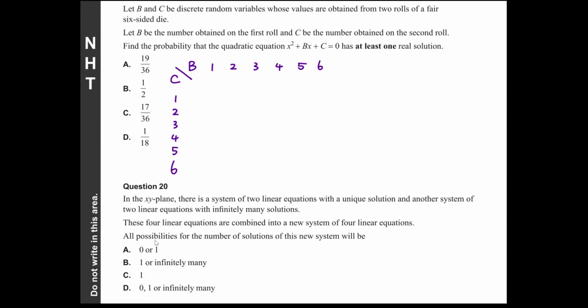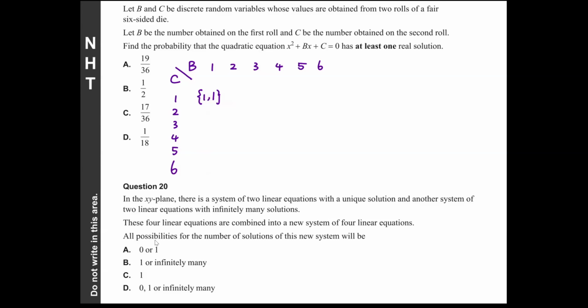In each cell I'll get a list of numbers, say 1, 1, and the probability of a 1 and a 1 at the same time will be 1 out of 36. There are 6 times 6, so 36 entries in this table.